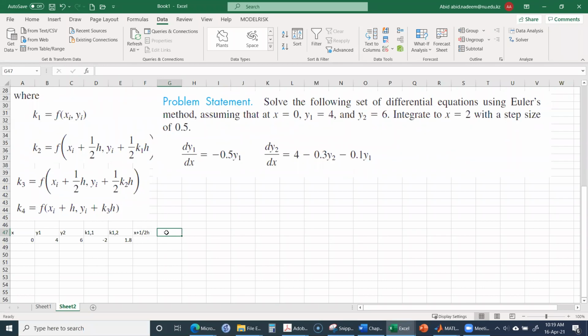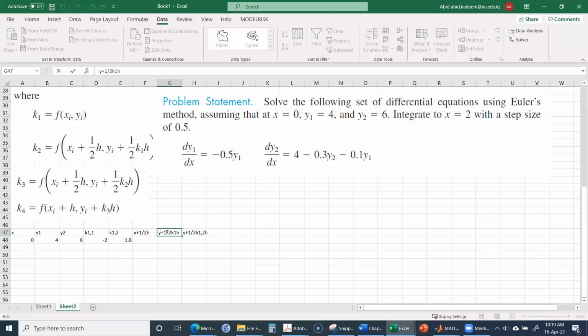So x1 plus half h, and then we will find y1 plus 1 by 2 k1 h. Similarly, for the second equation, y plus 1 by 2 k1, actually k1 of the second equation, h.